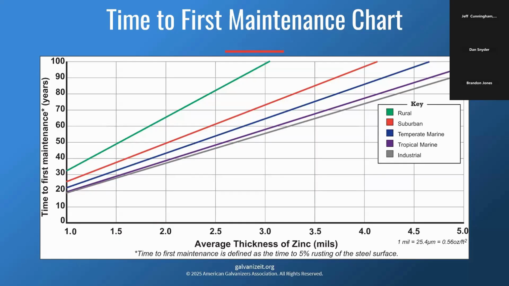And that is off of real-world data. We might get out there at year 75 and not see 5% rusting of the steel surface. Or it might have hit its end of life, and then we can strip and recycle 100% of the galvanized steel. Both the zinc and the iron are 100% recyclable without any loss of properties. So it's truly a cradle-to-cradle material.